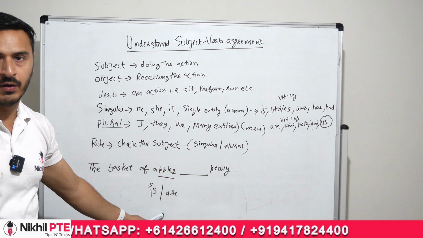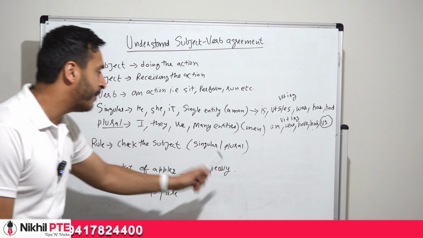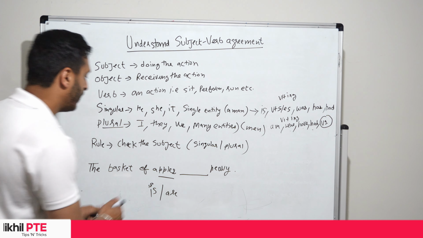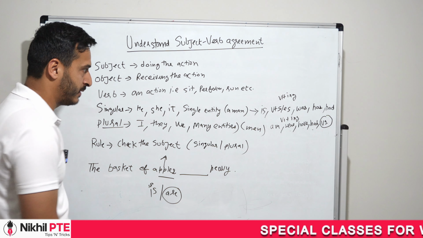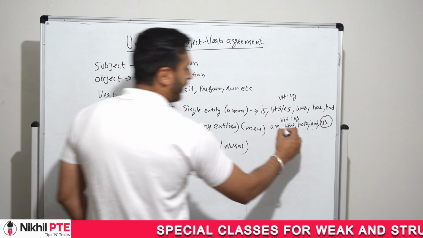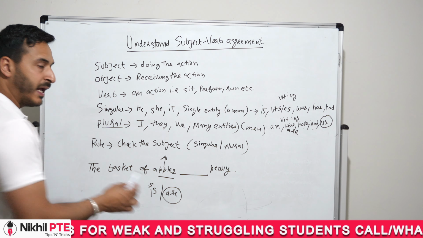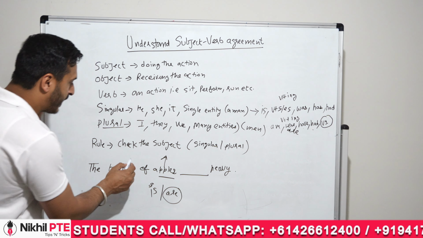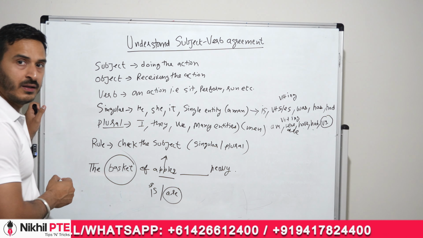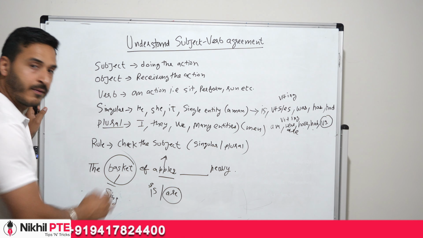The basket of apples is heavy. Many students will write are, because here we are talking about apples, and with the plural we can use are. But in this case you are incorrect, because the subject is basket, and basket is singular.